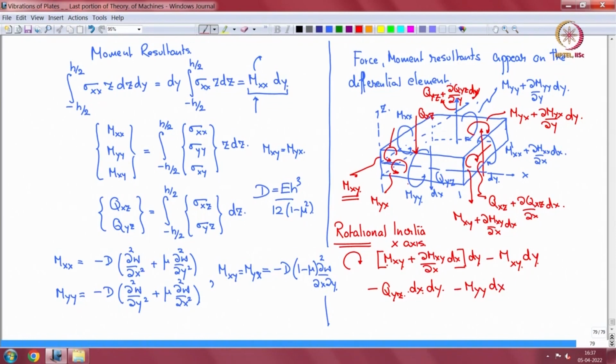This one is also about x axis, minus myy dx plus myy plus del myy by del y dy, that is the resultant, into dx, that is equal to 0. Okay, now we have all terms.